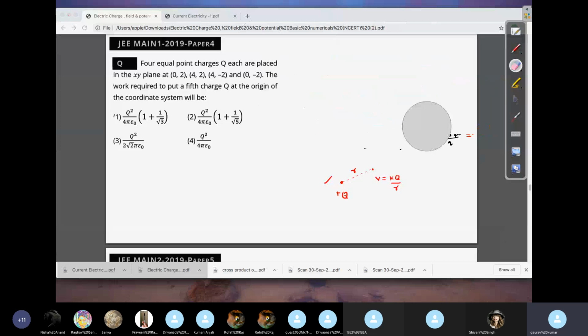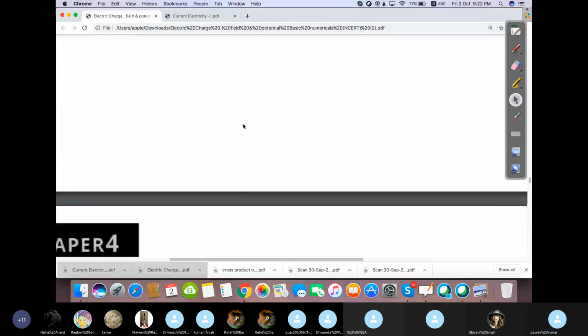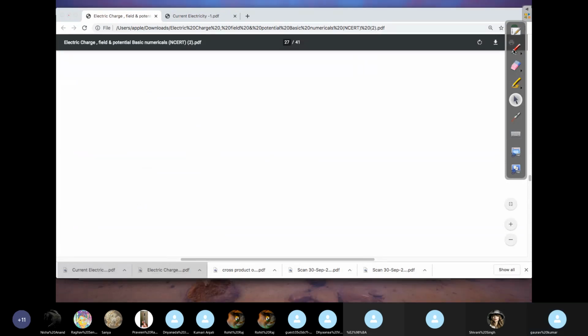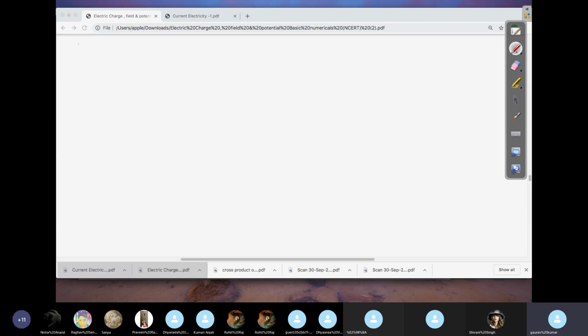Wait, let me explain it properly. See here. The first concept that you have here is the concept of electric potential energy. Listen. The first concept that you have is your electric potential energy concept, the energy of a two charge system.